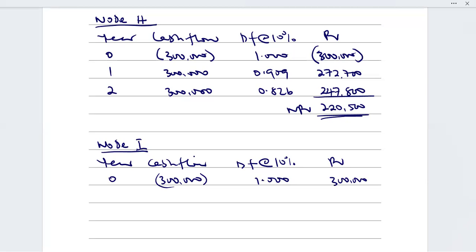Year 1 cash flow for node I is 300,000 multiplied by 0.909, which is 272,700.